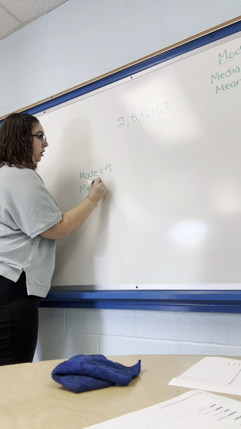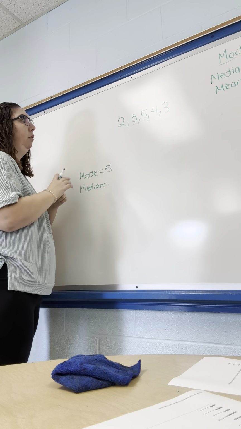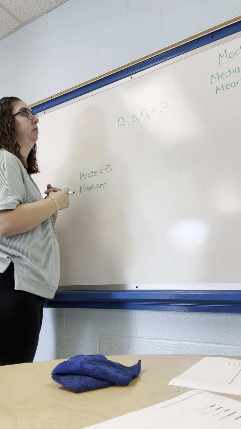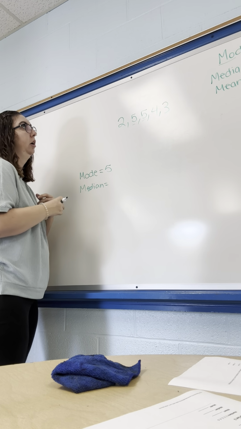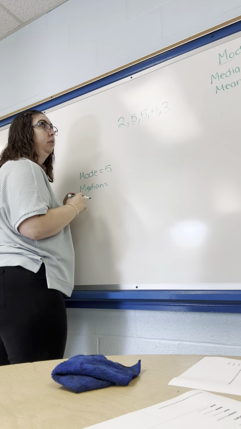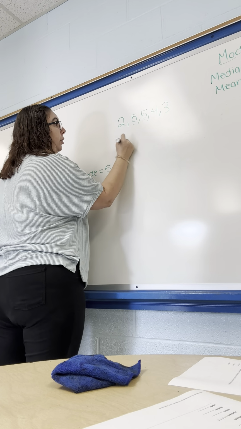All right. And then I'll bring another student up. So now I want you to find the middle number of this set of data. And we did forget something very important. We forgot to put our numbers in order. So what we need to do is put our numbers in order.